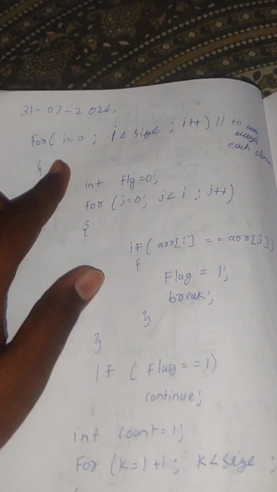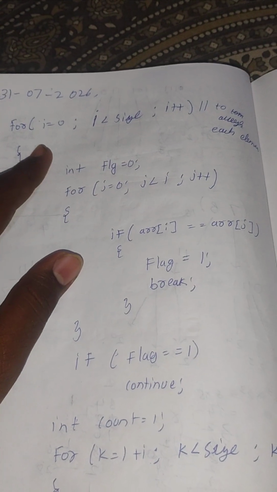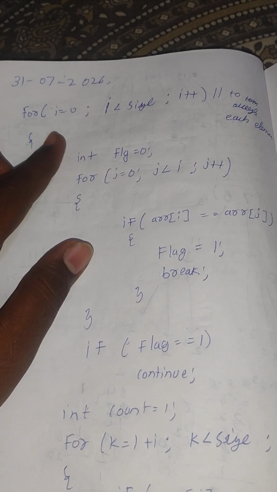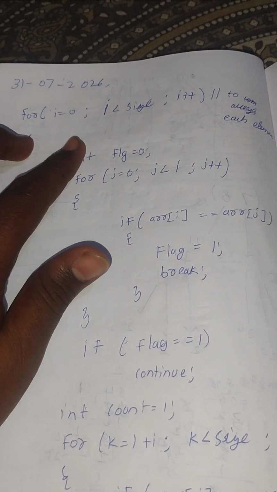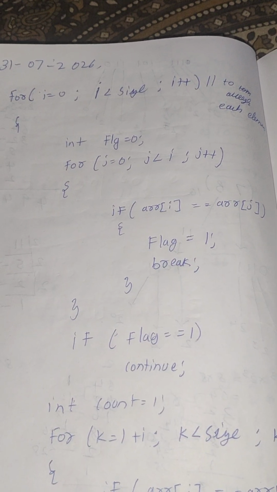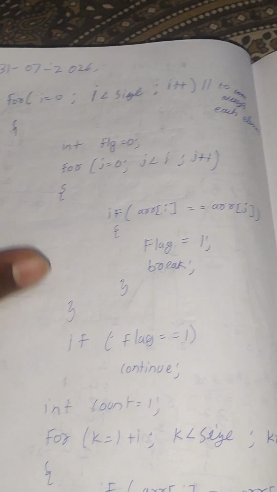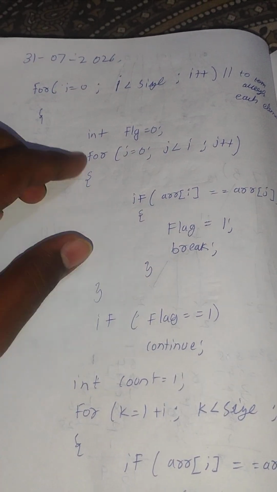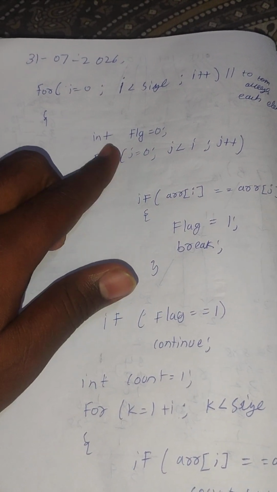For that, to access each array value, I'm going to use this for loop: for (i = 0; i < size; i++). And inside this for loop I'm going to write some statements. int flag = 0.